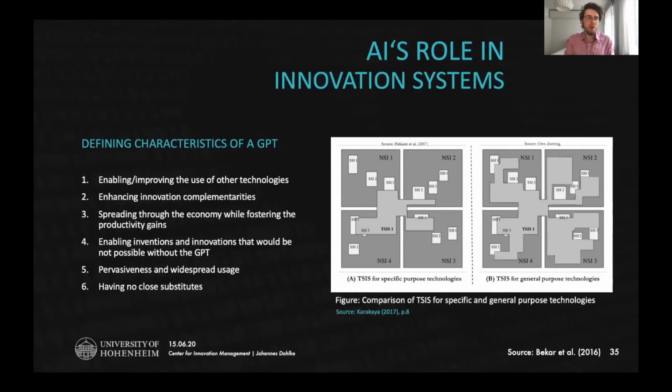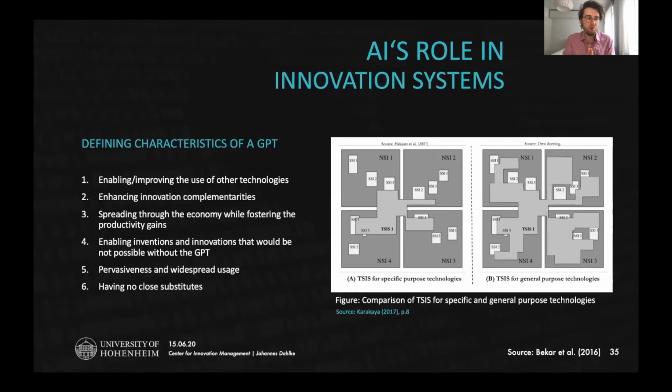And this carries some major implications. So if the ultimate goal is to drive economic growth through technological change, then an implication for policymakers might be to focus on fostering the positive and reinforcing dynamics within the technological innovation system for the general purpose technology, because by enhancing the technological progress of the GPT, you simultaneously enhance the capabilities of all other technological innovation systems, sectoral innovation systems or national innovation systems.